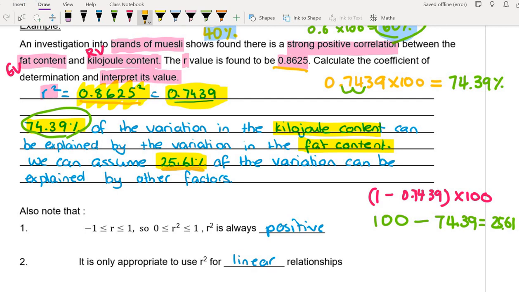So the rest can be explained by other factors. This can be like sugar. Sugar is high in calories, but it's not fat, it's carbs, or other factors like that.